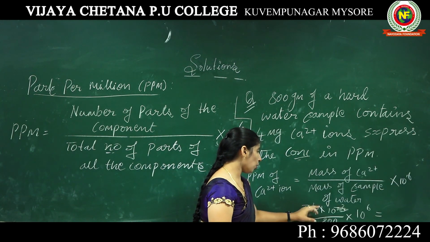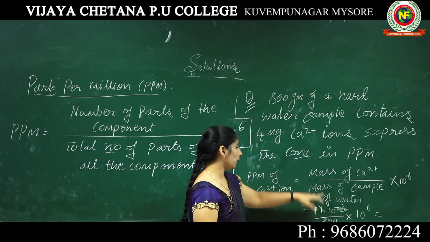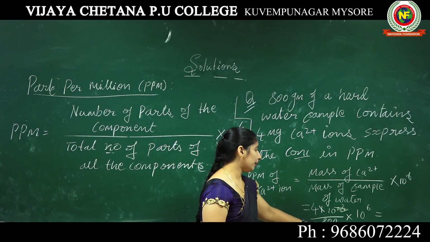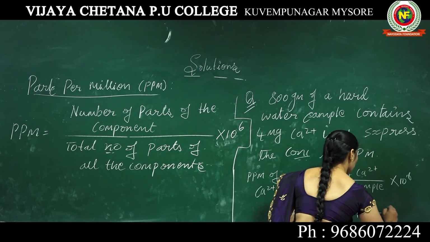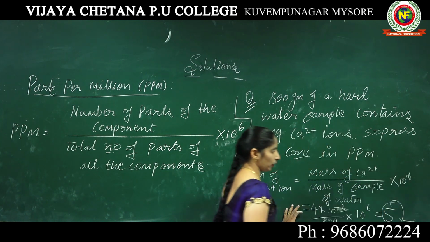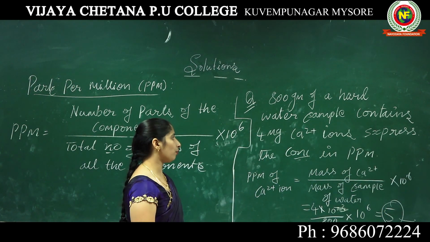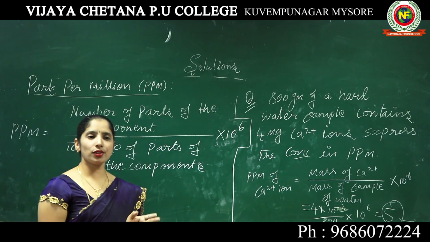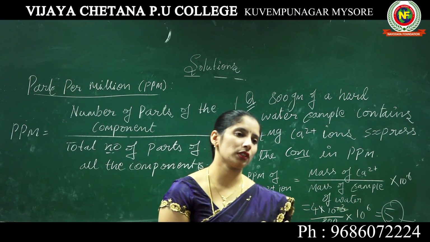They are given in milligrams, converted into grams: 4 into 10 to the power of minus 3 by 800, into 10 to the power of 6. So finally you get 5.